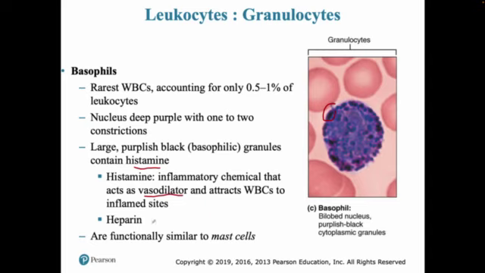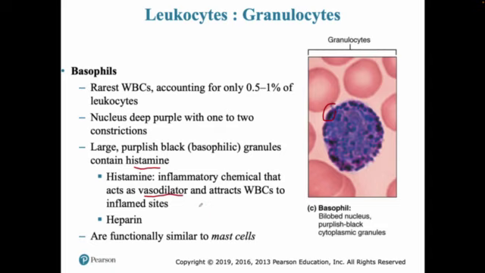Another thing that basophils have is called heparin. Heparin is a naturally occurring blood-thinning substance, so it helps prevent blood from clotting. Whenever we need the blood to flow, we might have heparin.